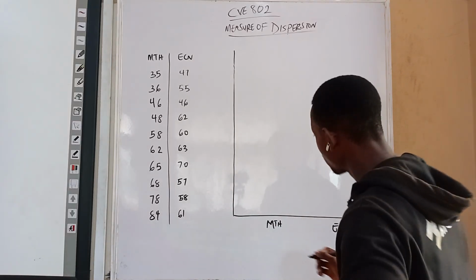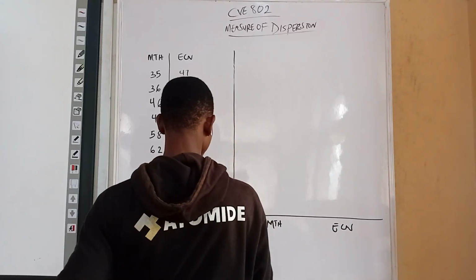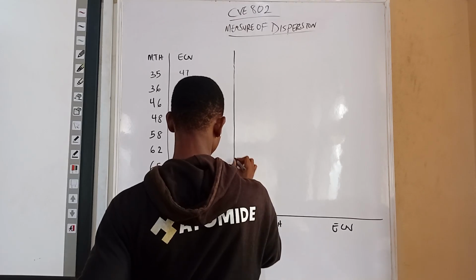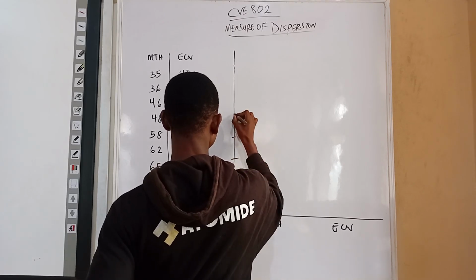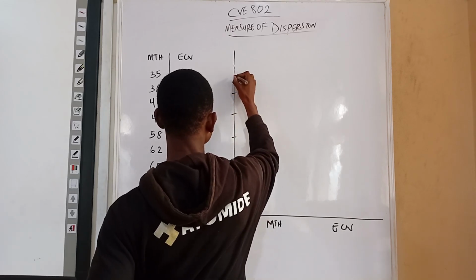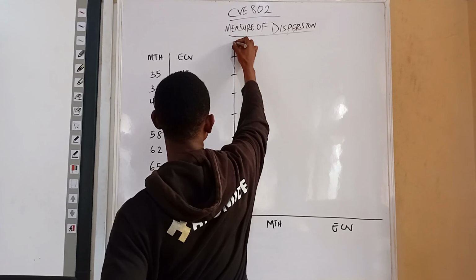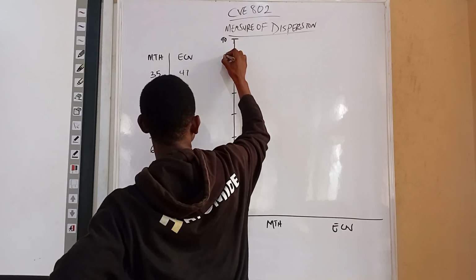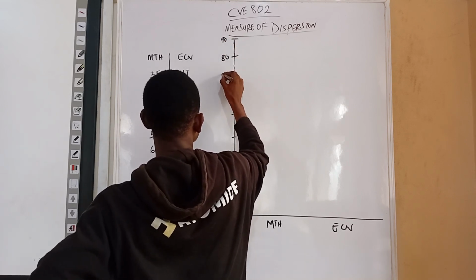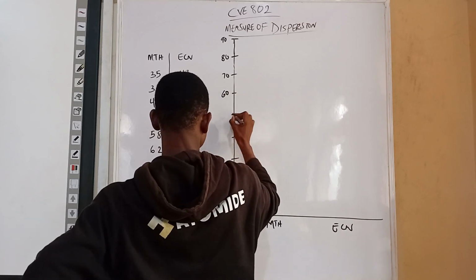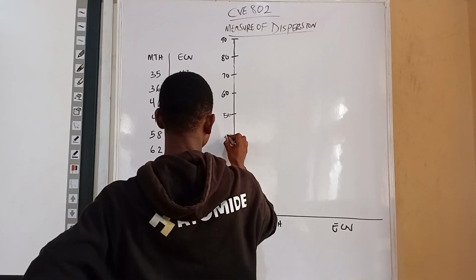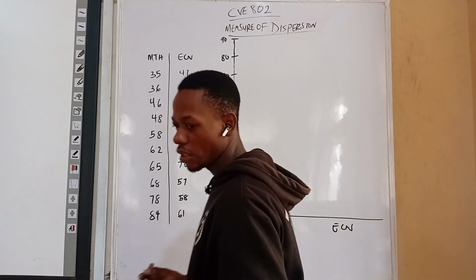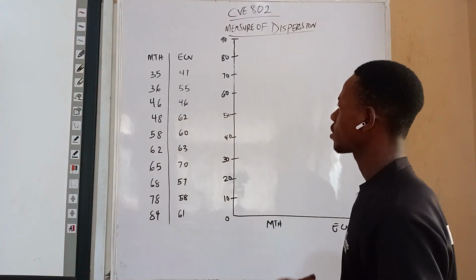This is point 0, and I'm going to graduate it from 0 to 100: 10, 20, 30, 40, 50, 60, 70, 80, 90.